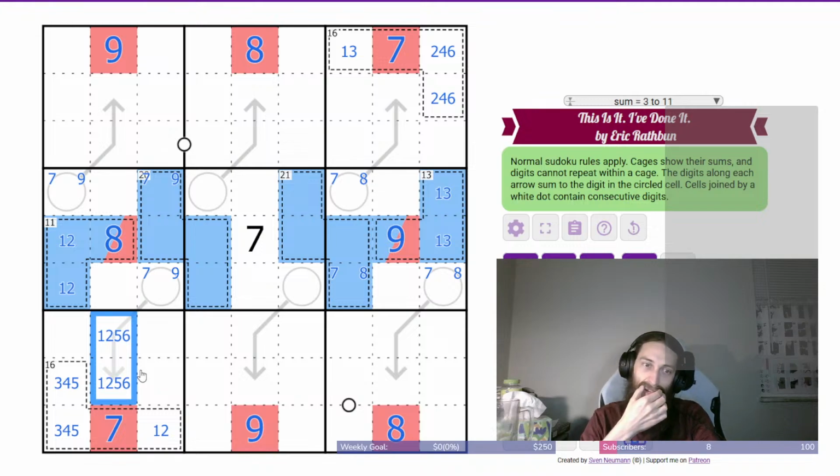It would have to be 1, 6, because you can't do 2, 5, because that would leave you with only 8. Yeah. So it would have to be 1, 6. If it's 9, it would have to be either 3, 6 or 4, 5. Well, it can't be 4, 5, because otherwise you're left with only a 3.